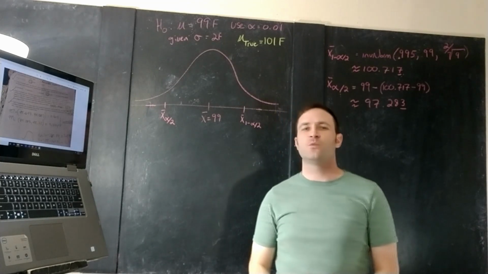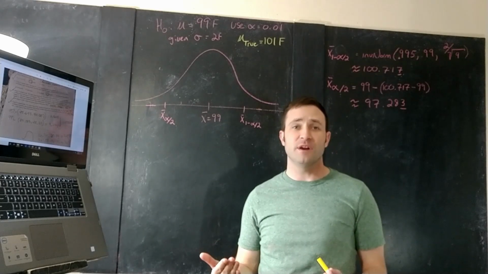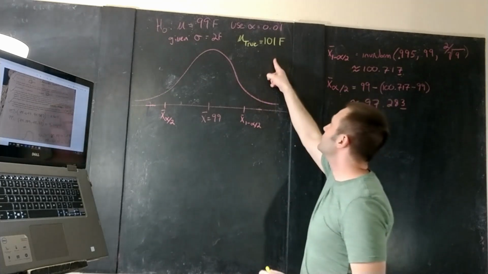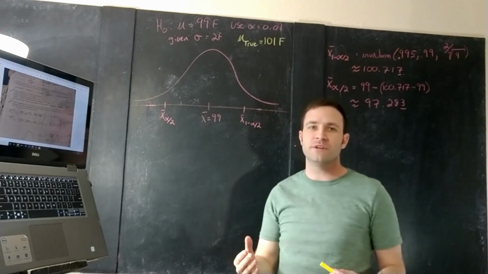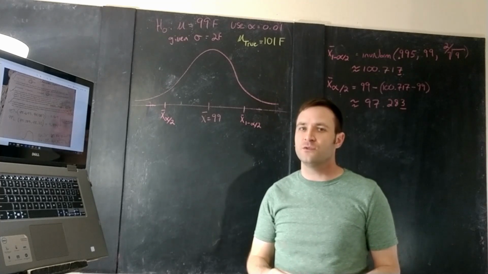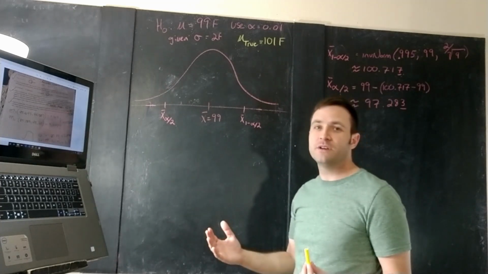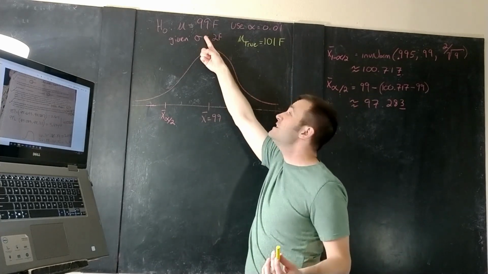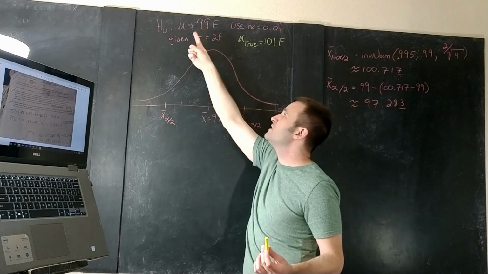However, the question asks, what is the probability of us committing a type 2 error if the true population mean is 101 degrees Fahrenheit? And so let's remember that the probability of type 2 error corresponds to the probability of the situation occurring that we fail to reject, or we believe the null hypothesis for an untrue value that we're testing against.